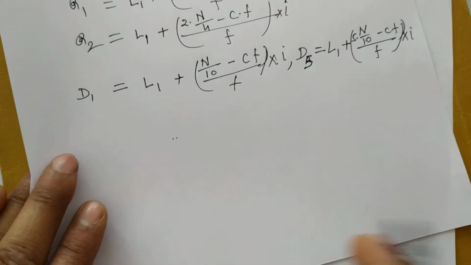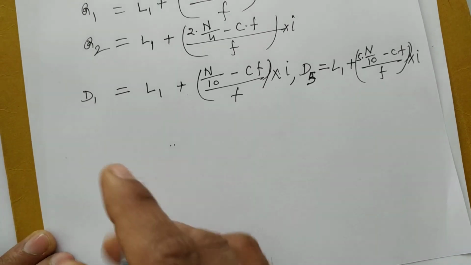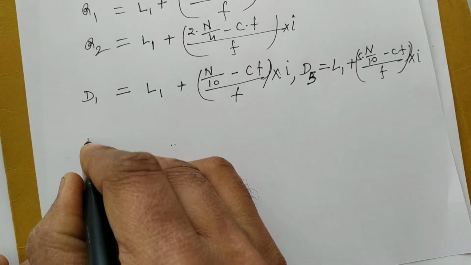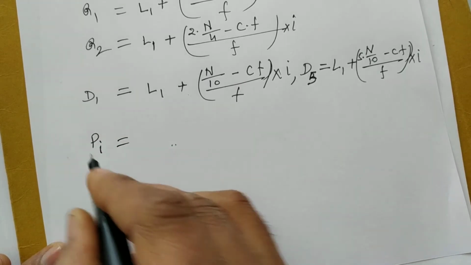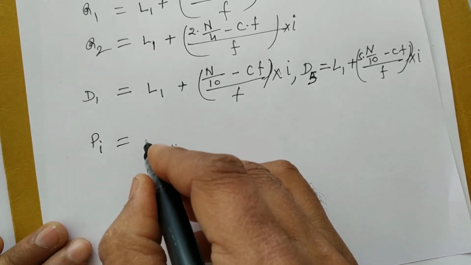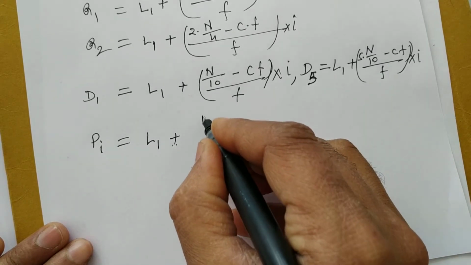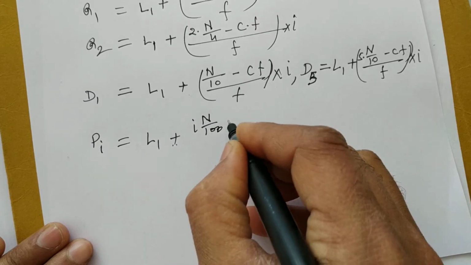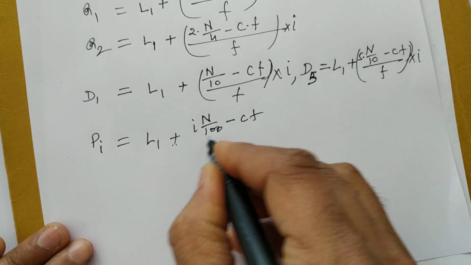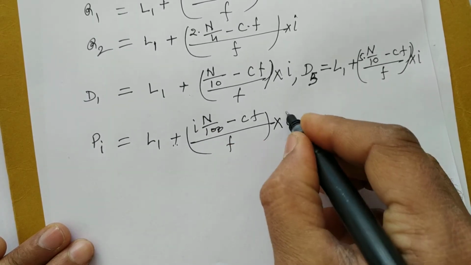So similar formulas can be defined for percentiles. The general formula is Pi is equal to L1 plus i into n by 100 minus CF upon F into i.